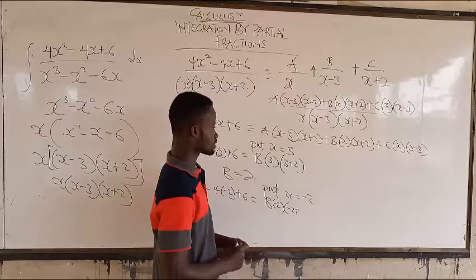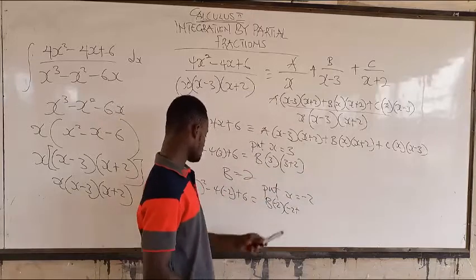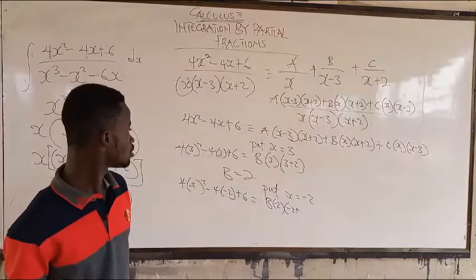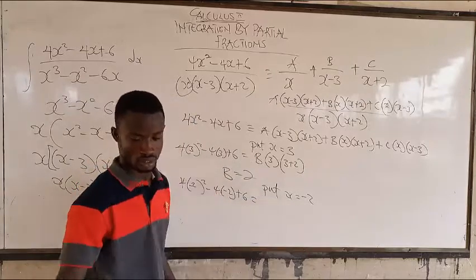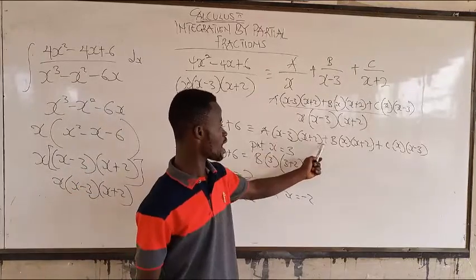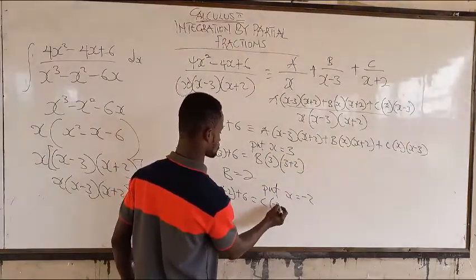We know that everything here will be 0. Everything here will be 0. Okay. Everything will be 0. You just write this.